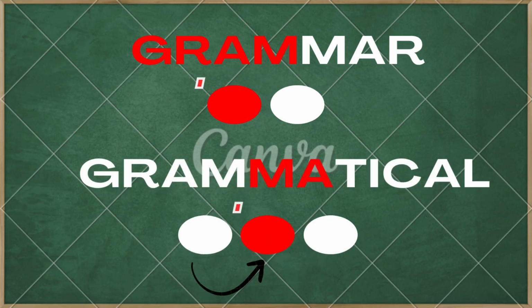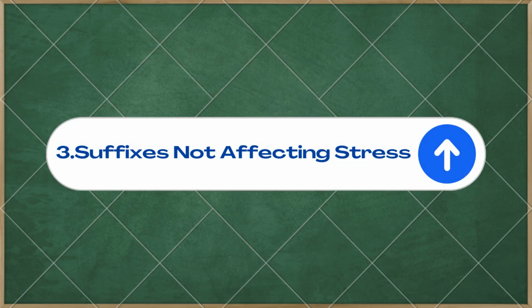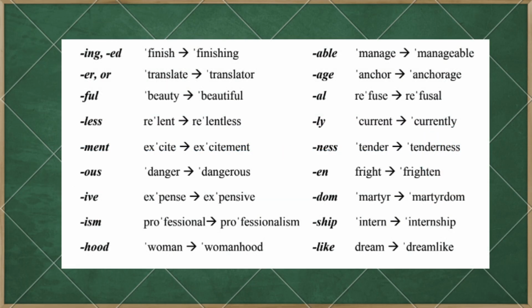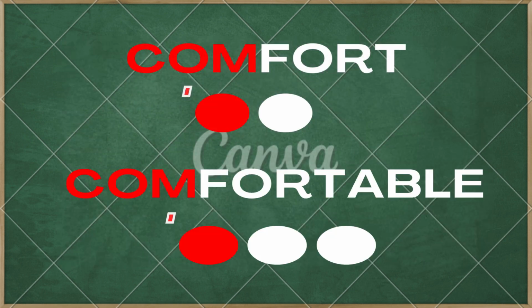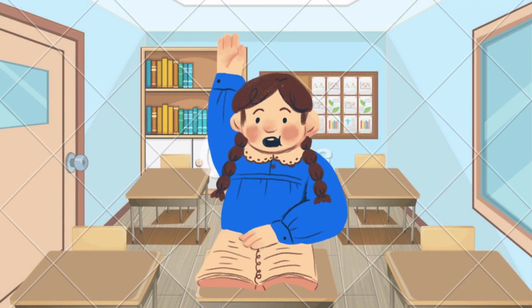Stress shifts from the first to the second syllable. The good news is that some suffixes like the ones listed here usually don't change the stress pattern of the base word. For example, comfort, comfortable. So adding "ment" to develop wouldn't change the stress, keeping it on the first syllable like develop.